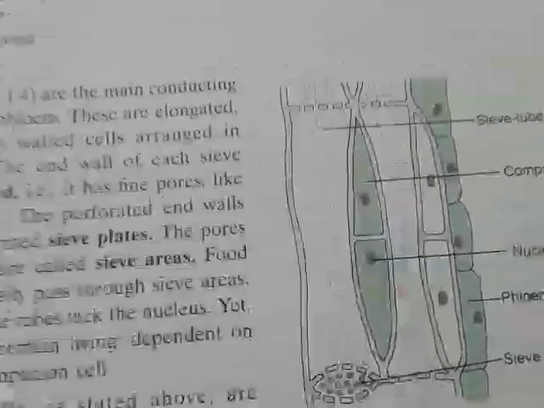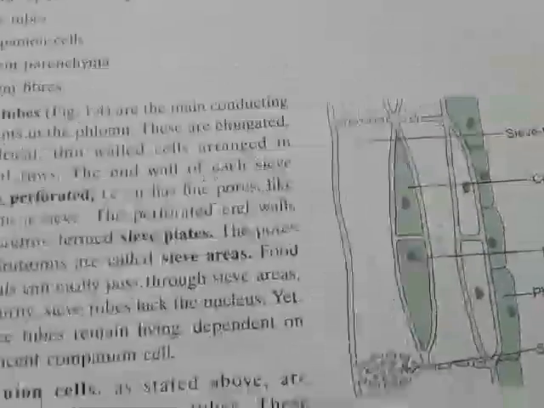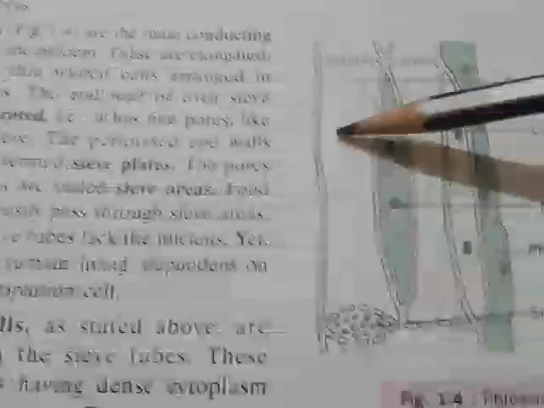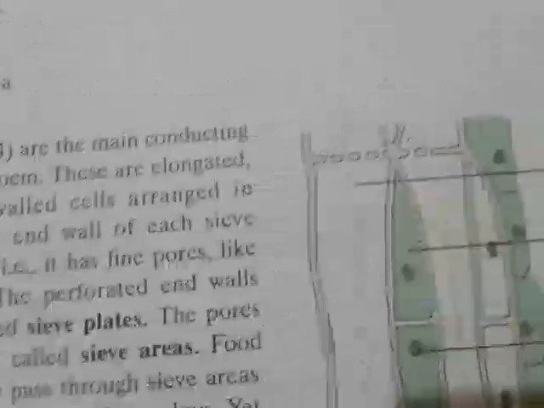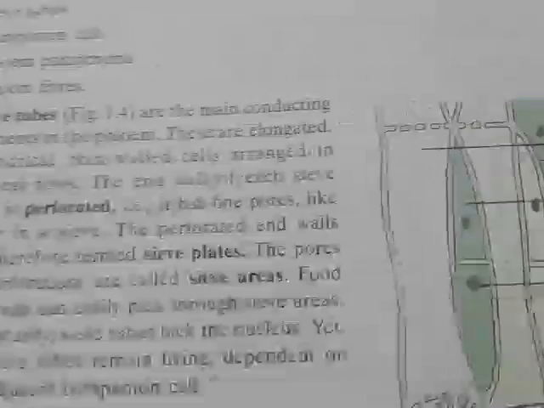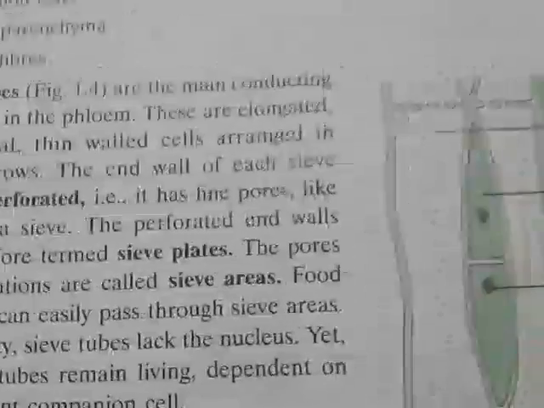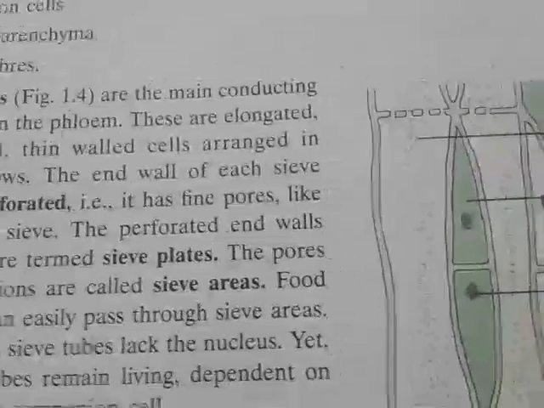First of all, sieve tubes. See, this is a sieve tube. Basically the sieve tube is the main conducting element in the phloem. Physically it is elongated and cylindrical, and the end wall of the sieve tube is perforated.